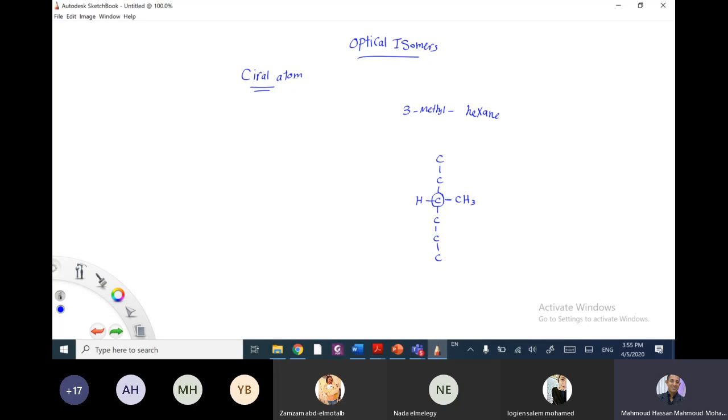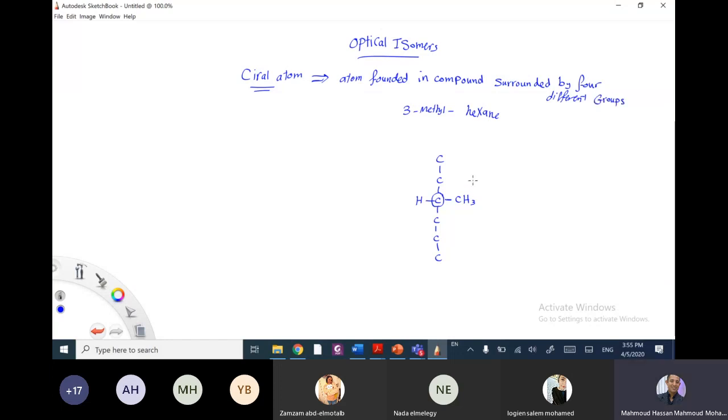Okay. From where do I determine that the atom is a chiral atom? Chiral atom means an atom found in a compound surrounded by four different groups.